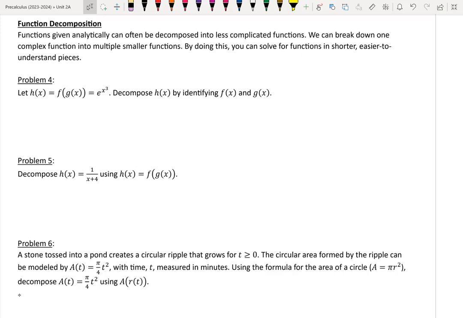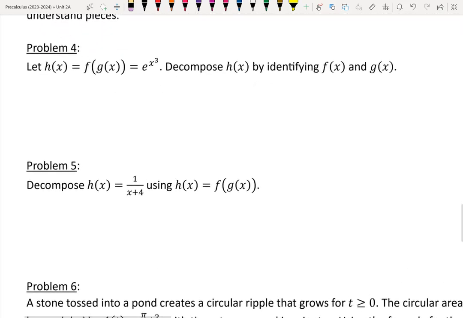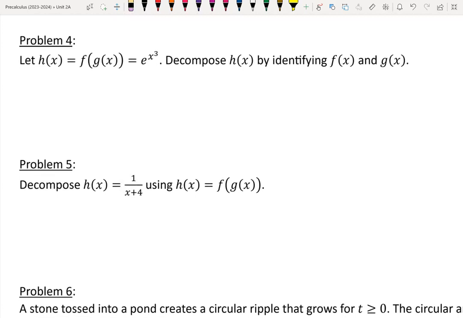So for example, in problem 4, we have that h of x equals e to the x to the third. That's pretty complex, right? We have a power within a power. So they ask us to decompose h by identifying f and g.